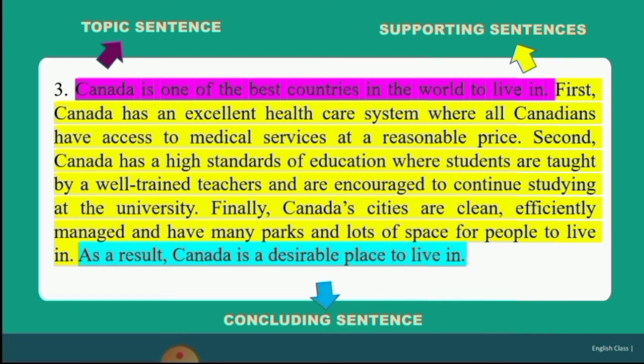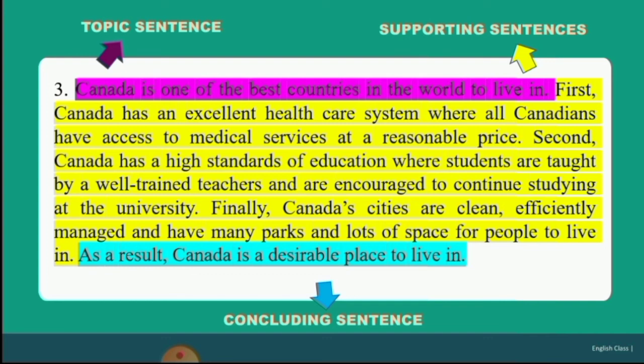So as you can see in the supporting part, we have used the grammatical signals or the transition signals like first, second, finally. So it could be a signal for you that those following sentences are the supporting details or the supporting sentences.